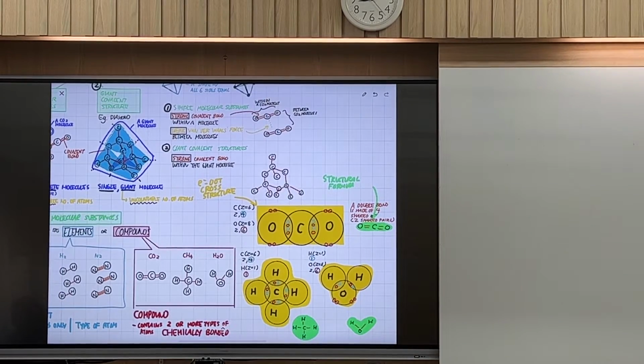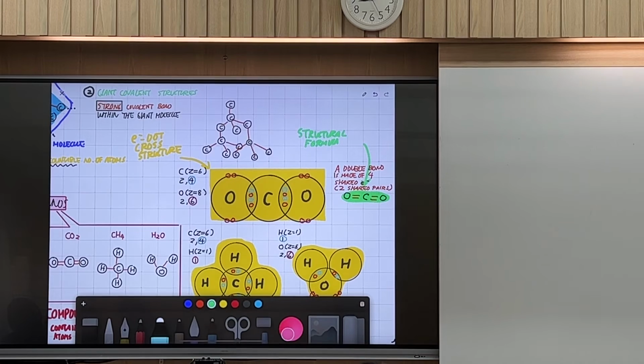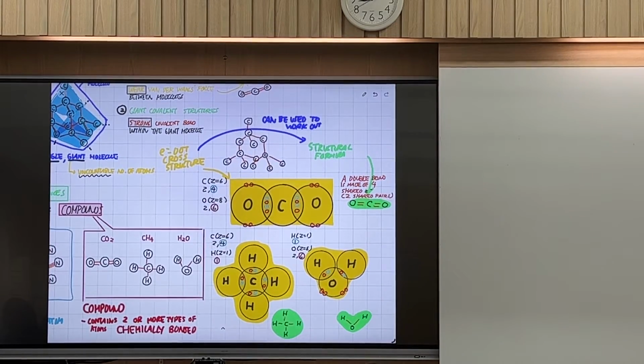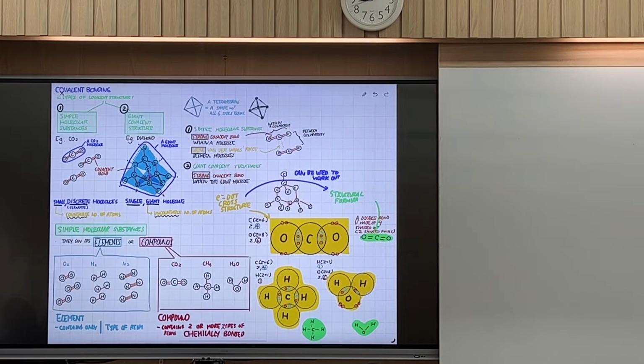So it can be used to work out the structural formula. You have to find the electron dot cross structure first. And that's simple molecular substance. Then we look at some giant covalent structures on the next page. Even more intense. Any question so far?